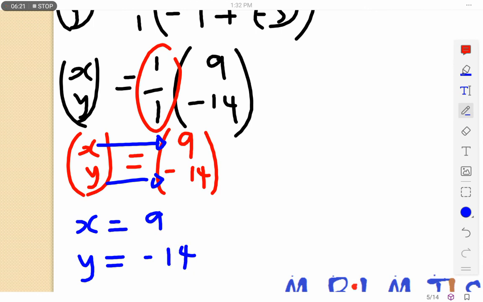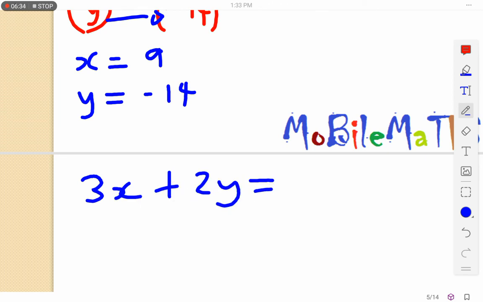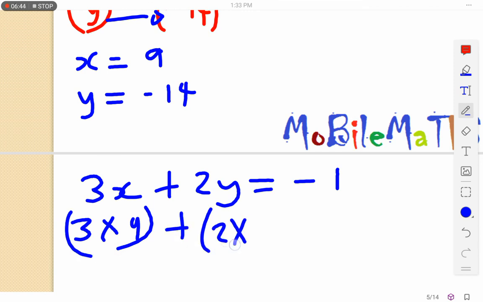If you want to prove this, you can take any of the equations we were given. Let's use 3x plus 2y is equal to minus 1 and prove that it is true. We have 3 times 9 plus 2 times minus 14.